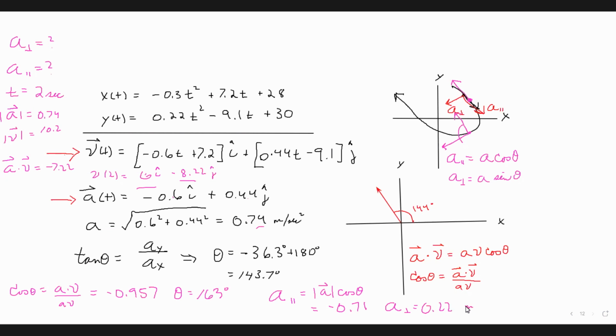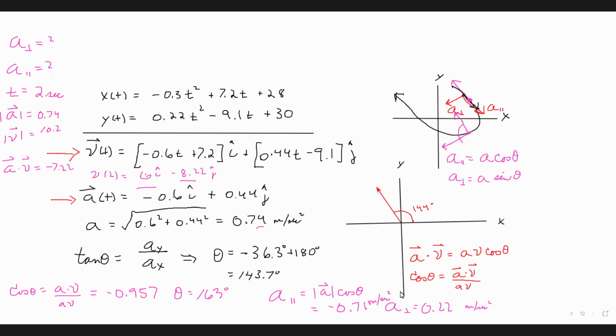This is in meters per second squared. And this is in meters per second squared. Okay, so those are the two components, perpendicular and parallel. Anybody have any questions on how this works?